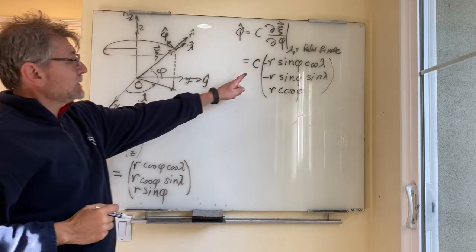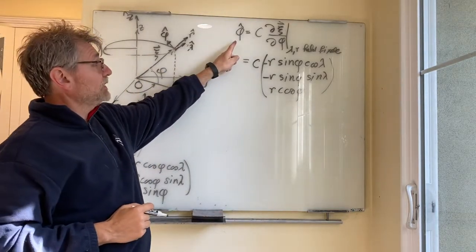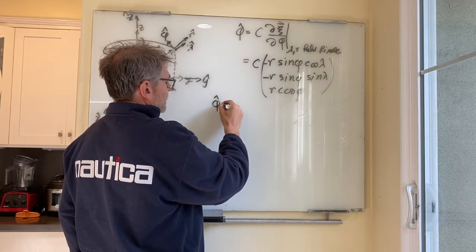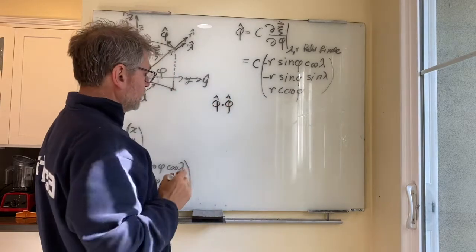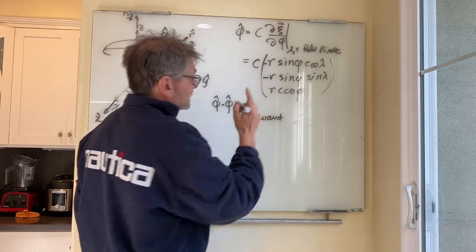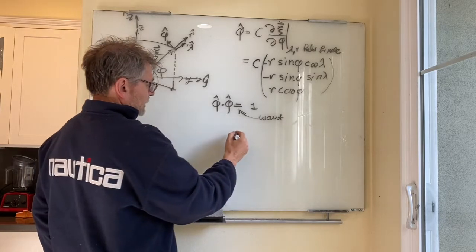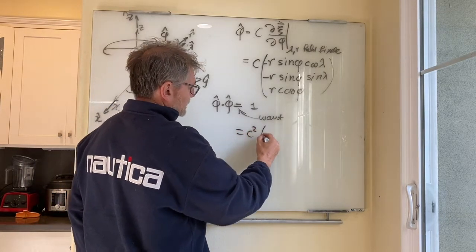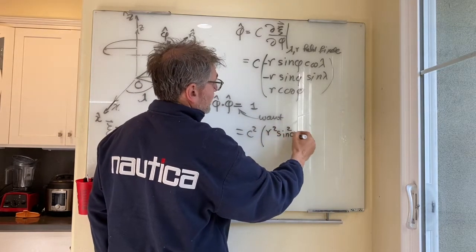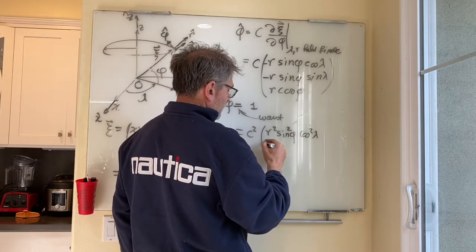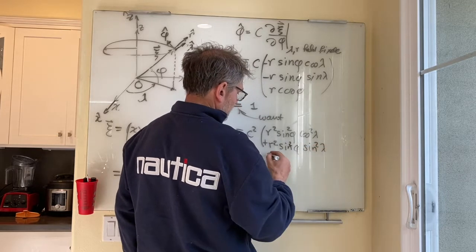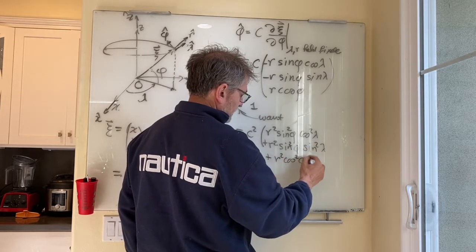We still don't know what the constant c is, but what we know is that we want phi hat to have unit length. So if I compute phi hat dotted with itself, I want that to equal 1. And we're going to pick c so that this is the case. If I compute the dot product, I'll get c squared times r squared sine squared phi cosine squared lambda, plus r squared sine squared phi sine squared lambda, plus r squared cos squared phi.